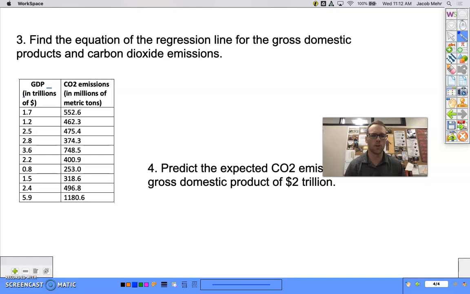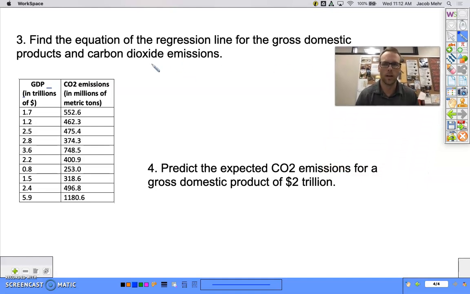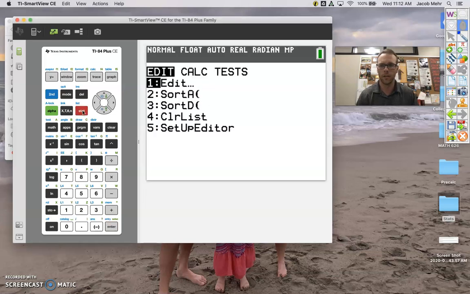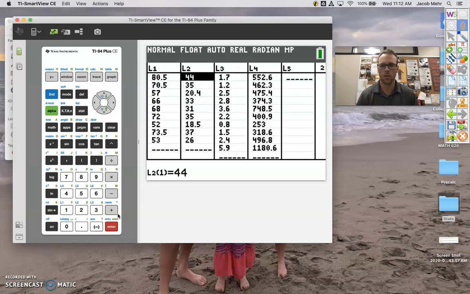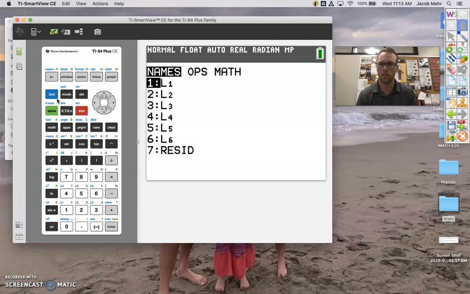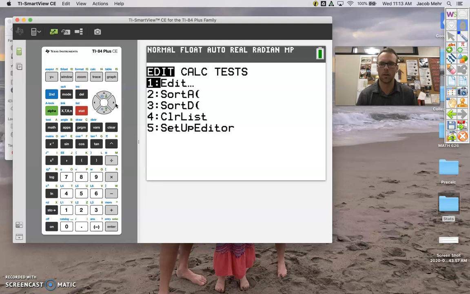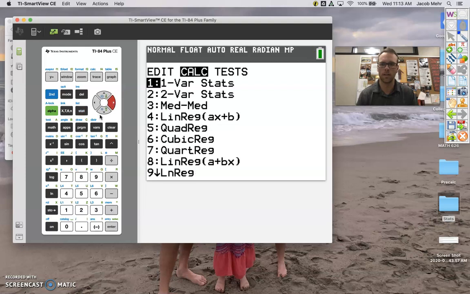Let's go back to our GDP and CO2 data. Find the regression equation. Going back to my calculator, I chose to put these into list 3 and list 4, so I didn't have to delete list 1 and 2 again. I am going to go to stat, calculate, linear regression.